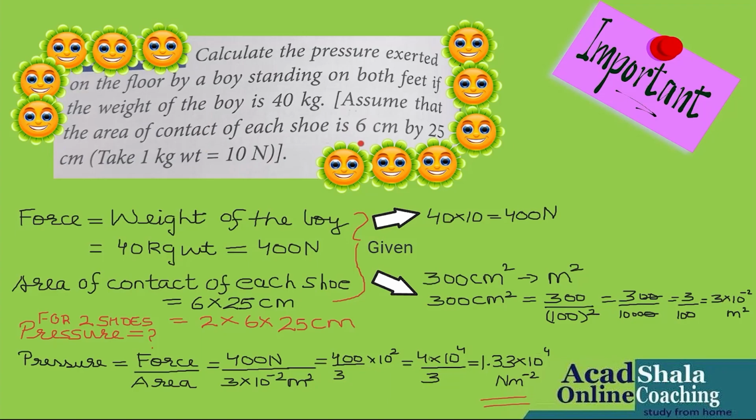Then convert it accordingly. After converting and calculating the values, put the values in the formula and then write down the final answer, but with the unit. Do not forget to write the unit, which is really very important.